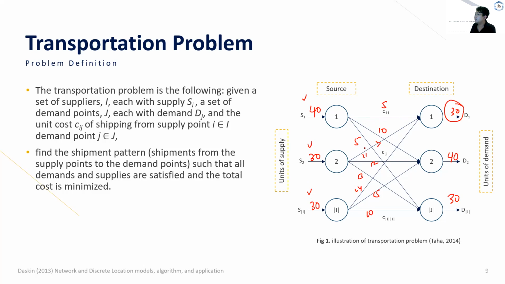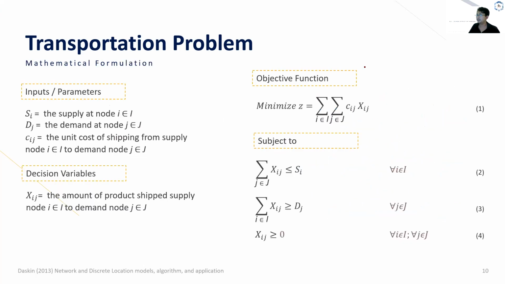So for example, if you want to supply node 1 from supplier 2, you need to consider there is 11 units of delivery cost from 2 to 1. But if you are using supplier 1, the cost is only 5. Perhaps the model will select this one. Okay, so those are the types of problems considered in transportation problems.